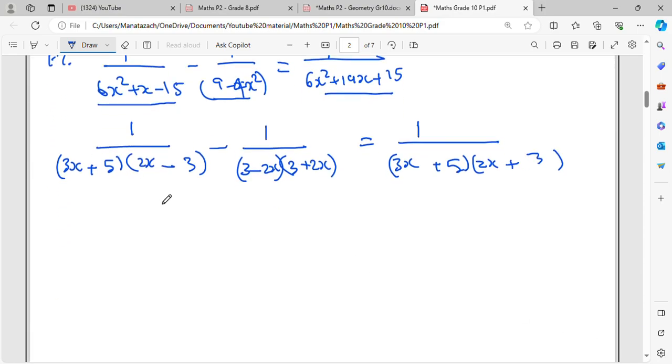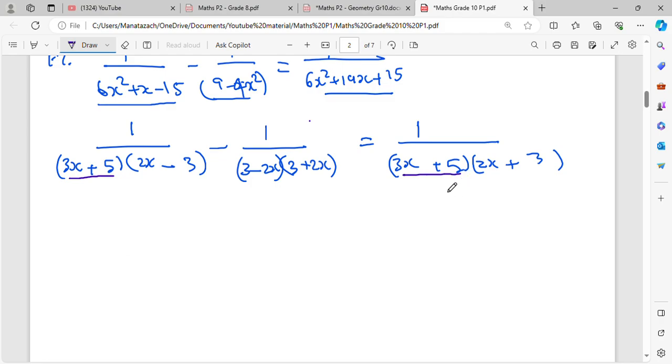And then from here on, we're going to take the common denominator. Okay, before you do that, let's identify what looks the same and what is common among these factors. So 3x plus 5 is the same as 3x plus 5.